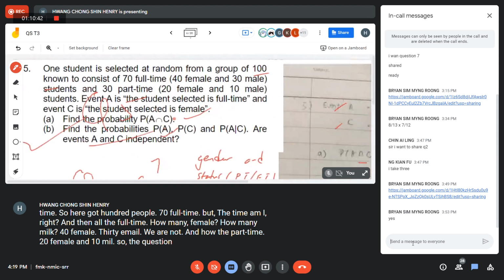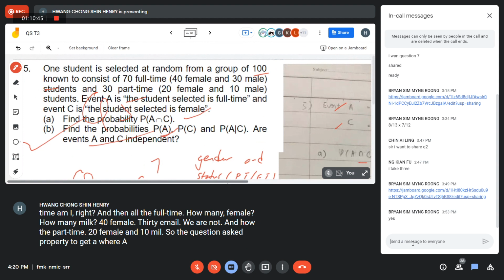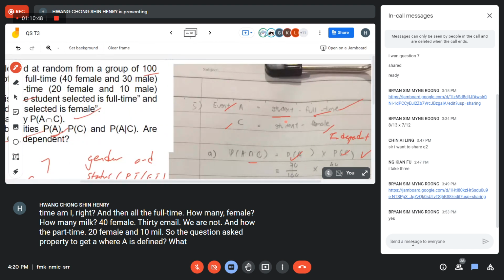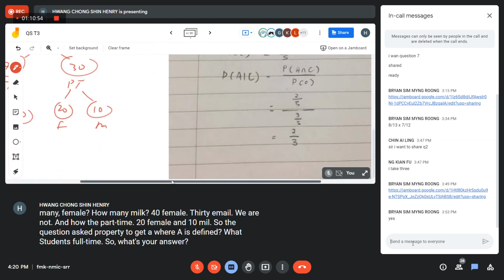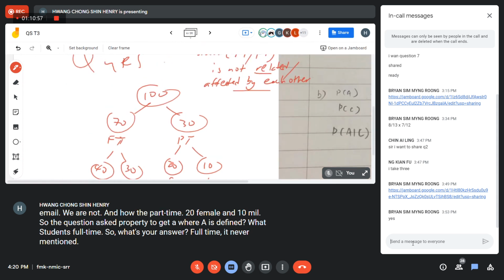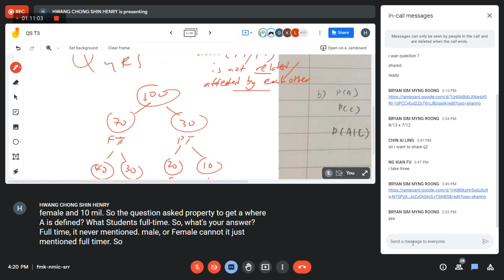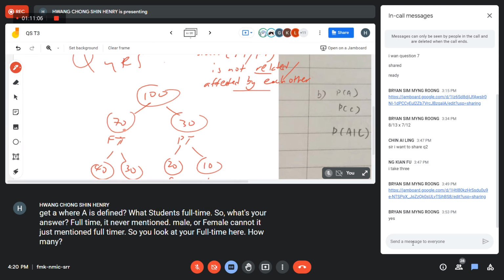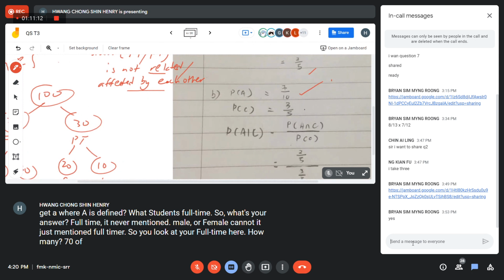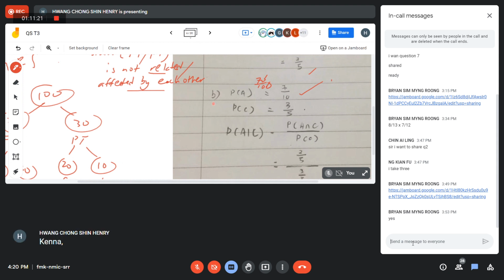So the question asks the probability of A, where A is defined as the student being full-time. So what's your answer? Full-time. It never mentioned male or female, correct or not? It just mentioned full-time. So you look at your full-time here. How many? 70 out of 100. It never mentioned the gender.